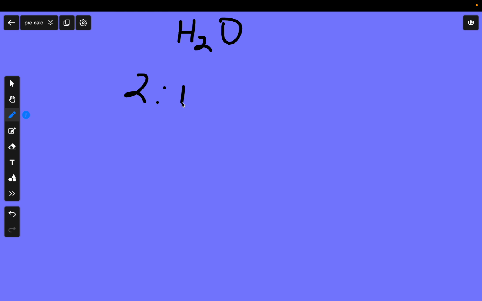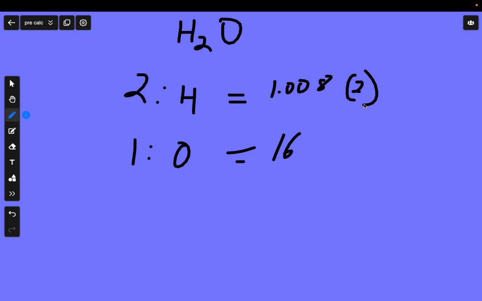There's two hydrogens, one oxygen. Hydrogens weigh approximately 1.08, that actually might be the exact number. Oxygen weighs 16. So now if I do this, it'll be times 2, this will be times 1. And the reason I'm multiplying by 2 is because there's two hydrogens, and there's only one oxygen.